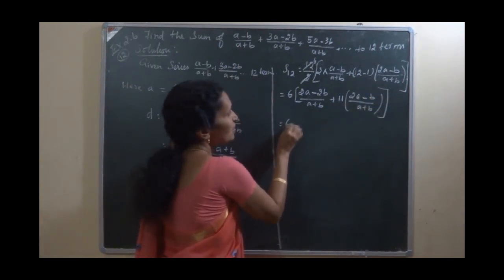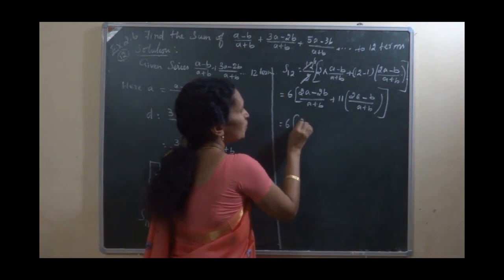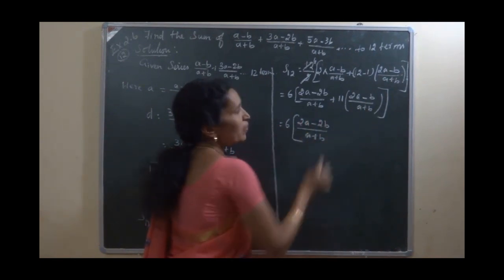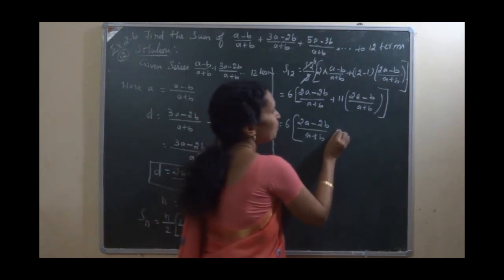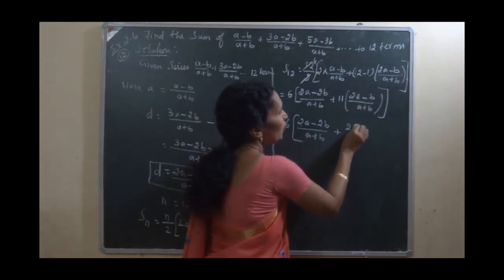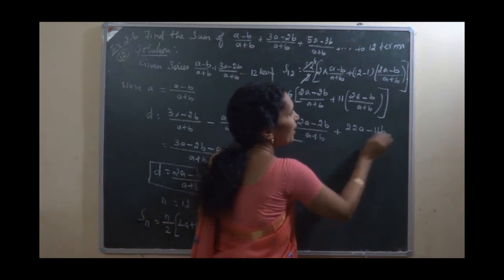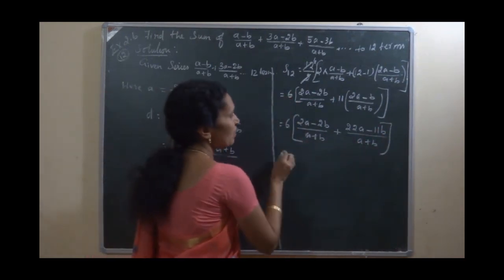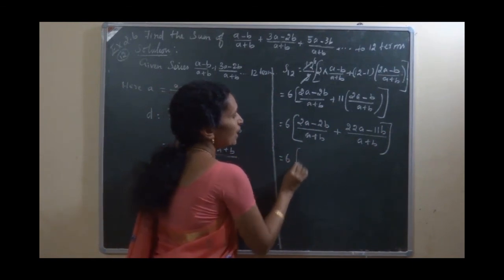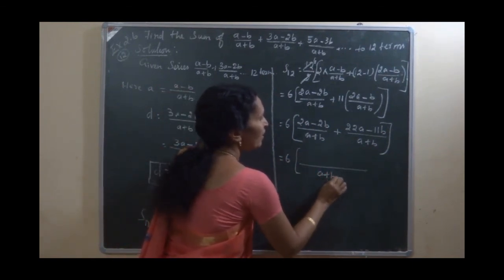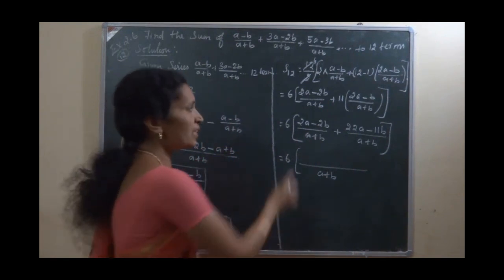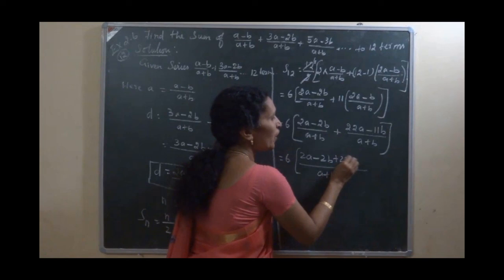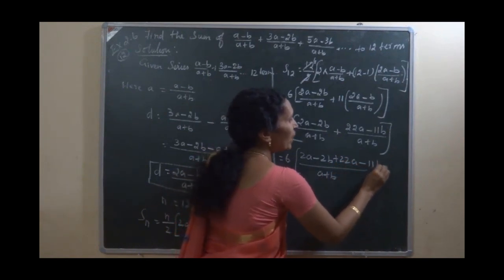That is equal to 6 into 2a minus 2b by a plus b, here you multiply by 11, plus 22a minus 11b by a plus b. Here also the same denominator, LCM is a plus b. Numerator the same value: 2a minus 2b plus 22a minus 11b.